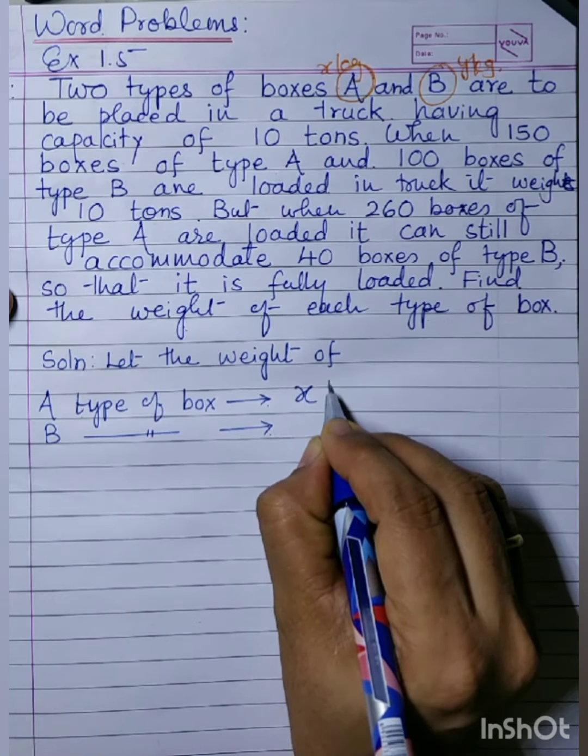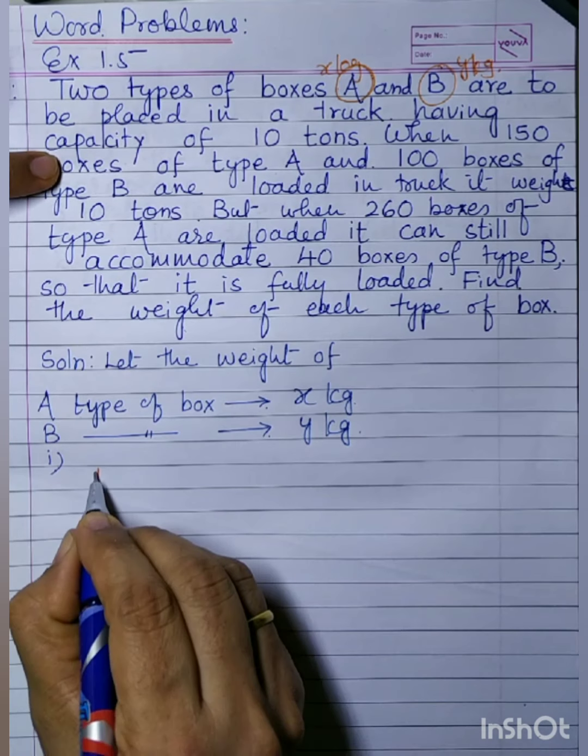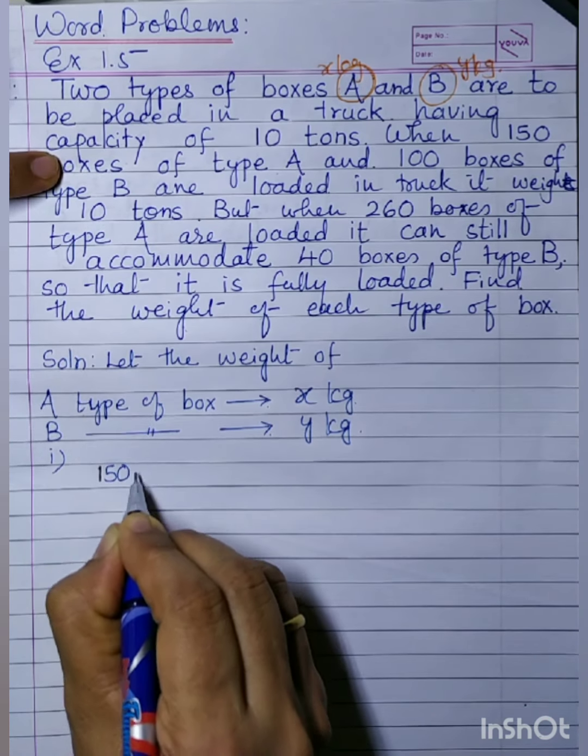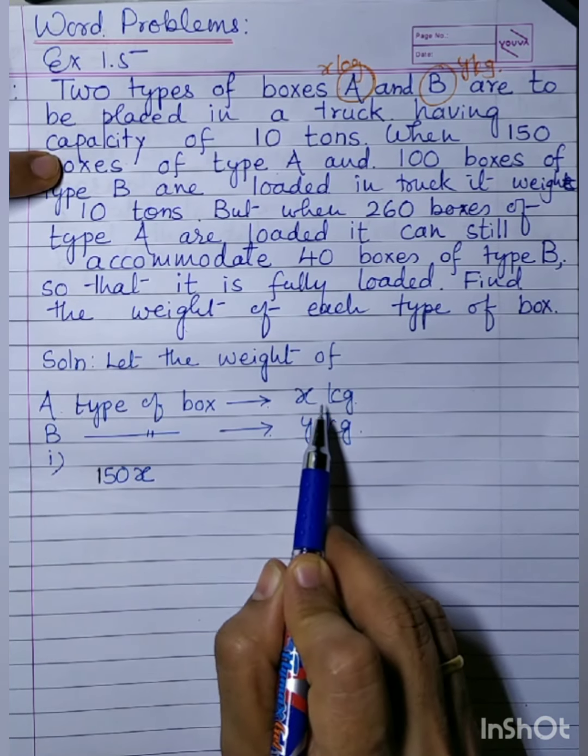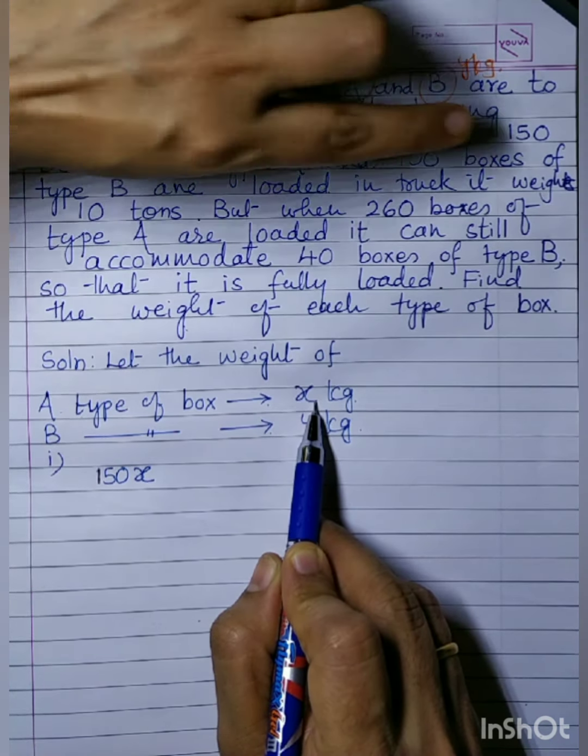Let's make our equation 1, that is from condition 1. Condition 1 is 150 boxes of type A. So what will be the weight of 150 boxes? 150x. The weight of one A type box is x kilogram, and 150 boxes are there, so the total weight of these boxes is 150x kilogram, plus 100 boxes of B type.